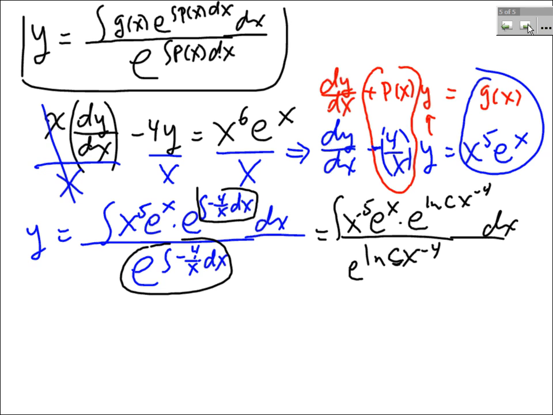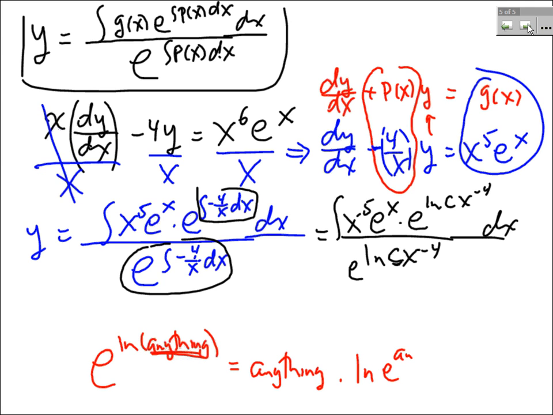Okay, now another rule. E to the ln of anything, as long as this is not negative, is the anything. So the reverse, ln of e to the anything is also the anything.